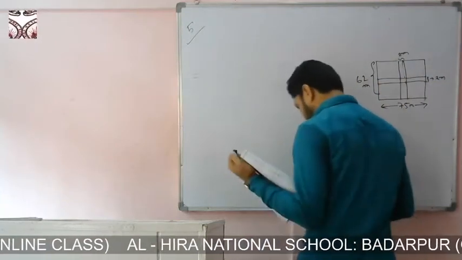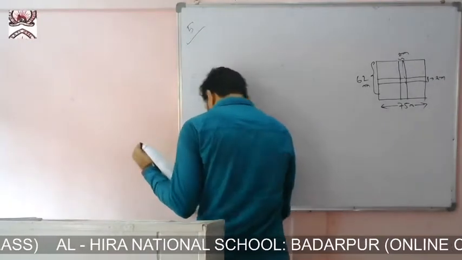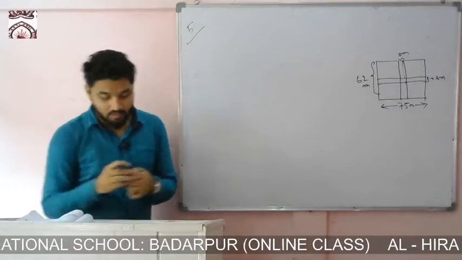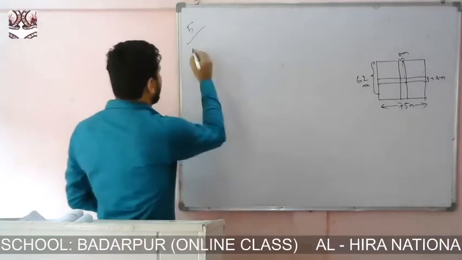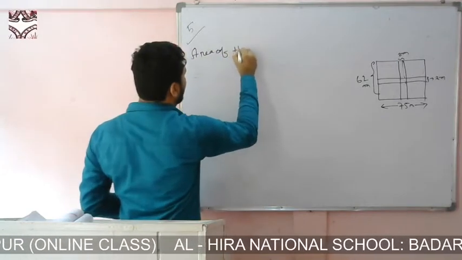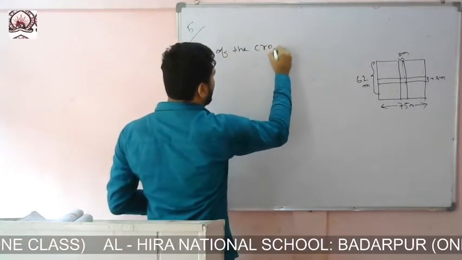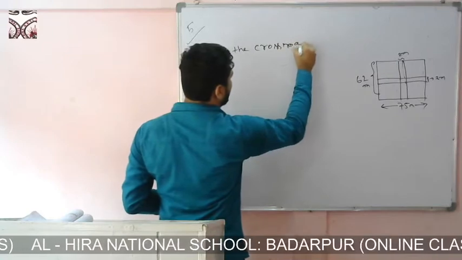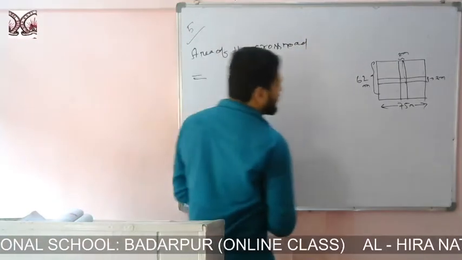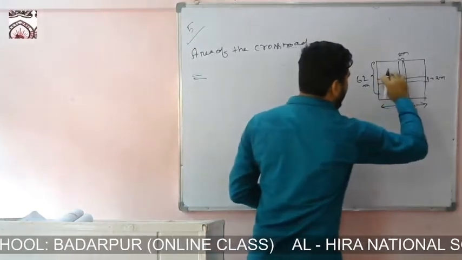Okay, so now we have to find the area of the crossroad. So write area of the crossroad equals to what? You see, first we take this road.